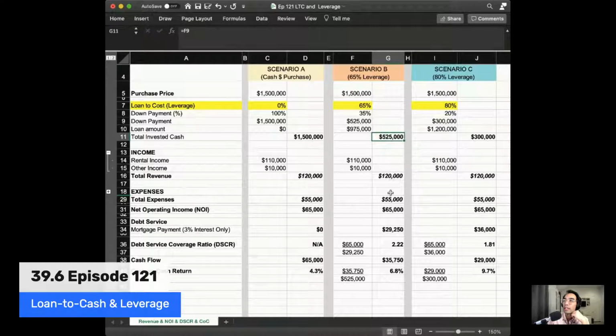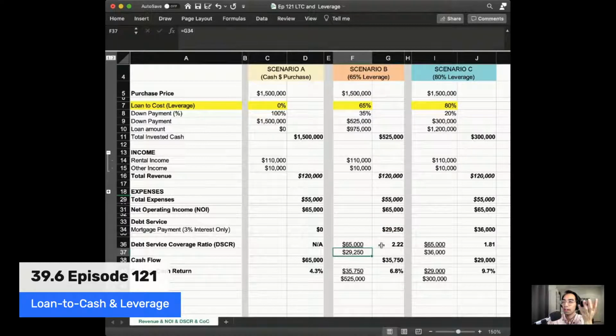The income and expenses and NOI are all the same. Your debt service here is 3% of your loan value. So 3% of the $975,000 loan ends up being about $29,000. Now you're making $65,000 of net operating income, and you divide that by your debt service of $29,250.